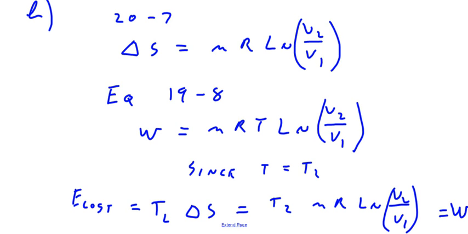But what we're trying to do is show that the unavailable energy, the energy loss, is T_L delta S, which I think we've done that. So we did that right there.